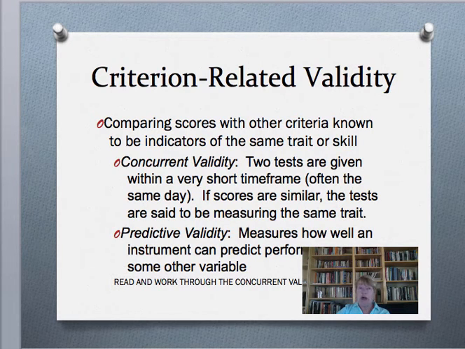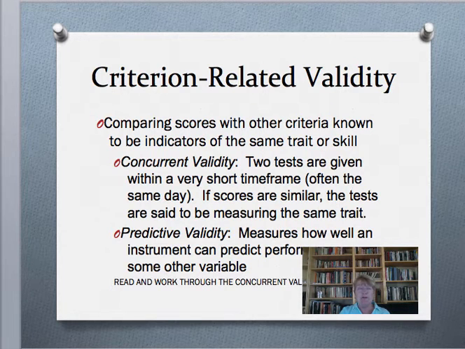We can do it concurrently, so there's something called criterion-related concurrent validity, and that's doing it within a very short time frame, often the same day. So I might give you two tests on the same day, test A of reading, and then test B of reading.